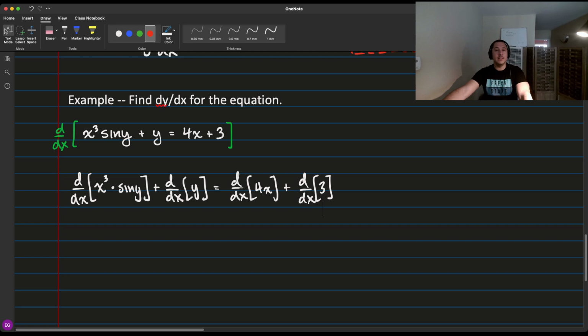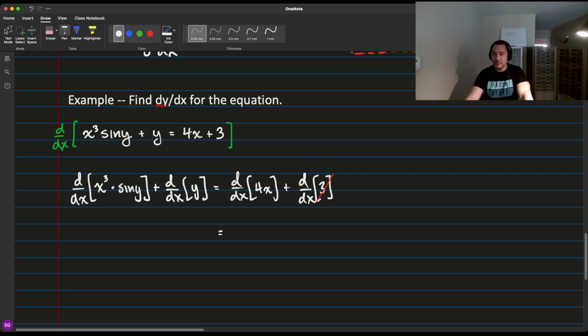Okay, so obviously the ones on the right-hand side are the easiest to deal with. What is the derivative of 3 going to be? 0. Yep, it goes away. Now, the derivative of 4x is easy to do.